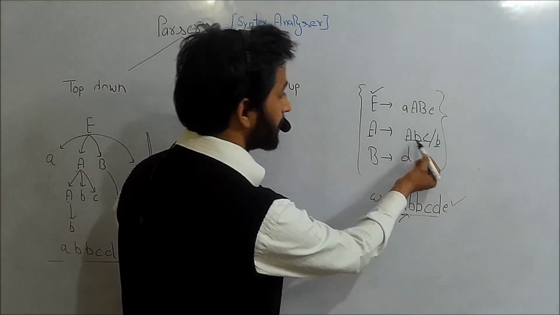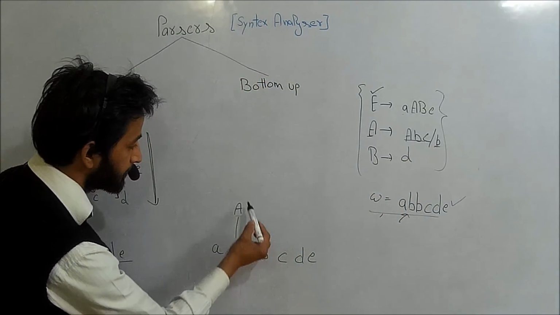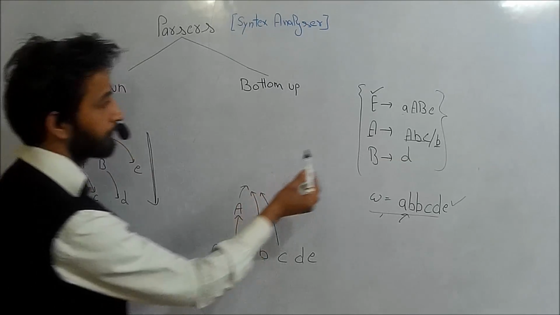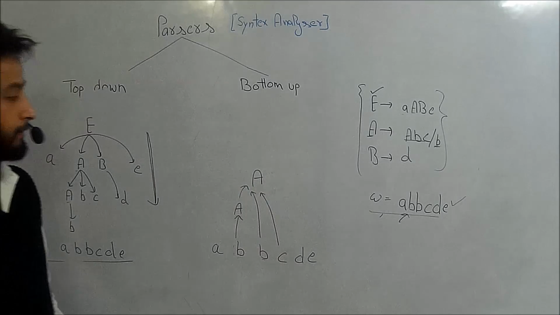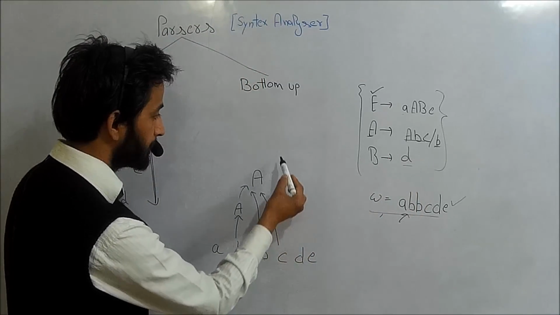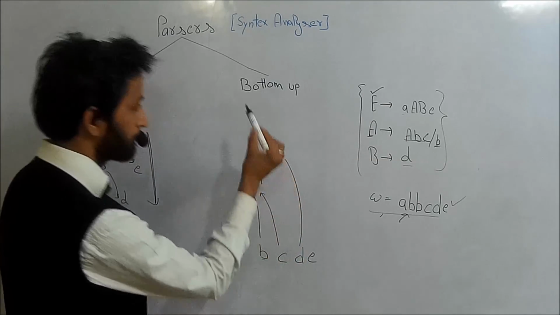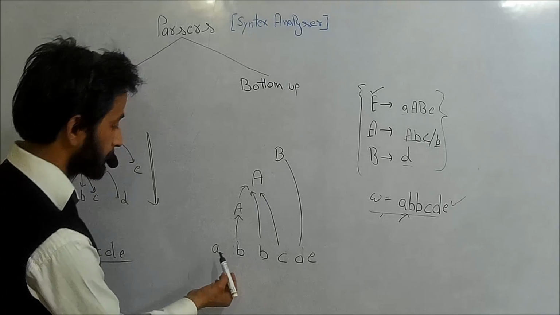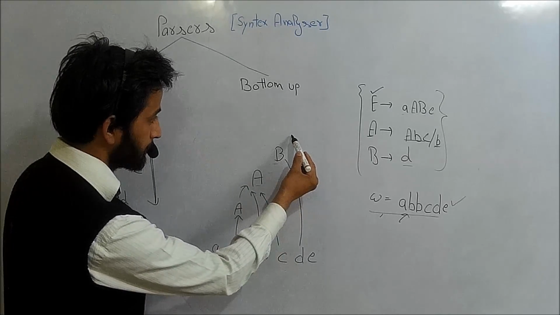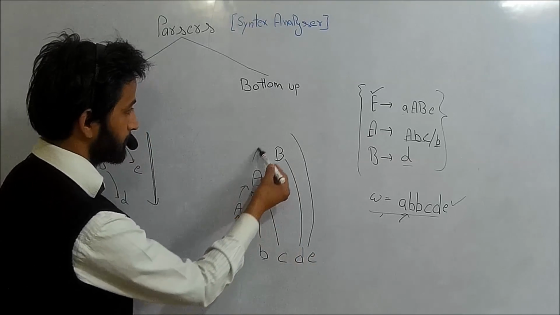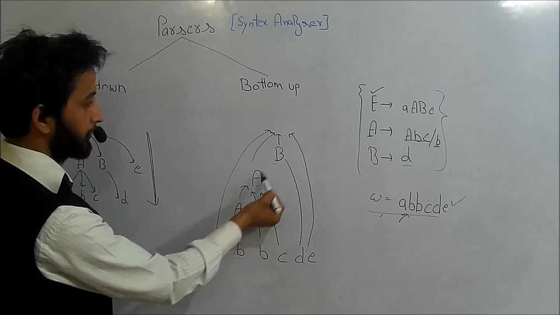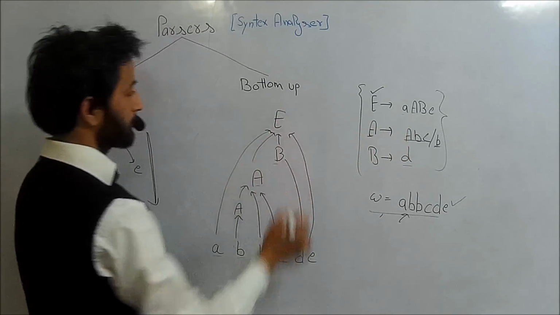And the second one is, if I am getting A, B and C, then I can reduce that to A. And one more, if I am getting D, then I can reduce that D to B. And if I am getting A, B and E, means in this way I can reduce A, B and E to E, which is the start symbol.